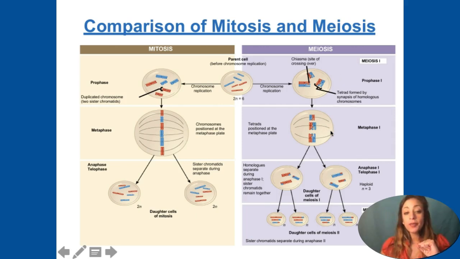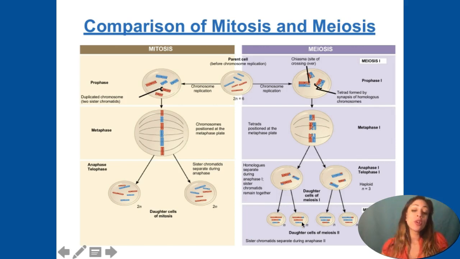Meiosis, on the other hand, remember we're lined up here with our tetrads or pairs of chromosomes on the metaphase plate in meiosis 1. Then they separate out, and we have full chromosomes go to each of the new poles and form 2 new unique daughter cells, because this daughter cell does not look anything like the parent. This one also does not look anything like the parent, so that's why it's 2 non-identical daughter cells.